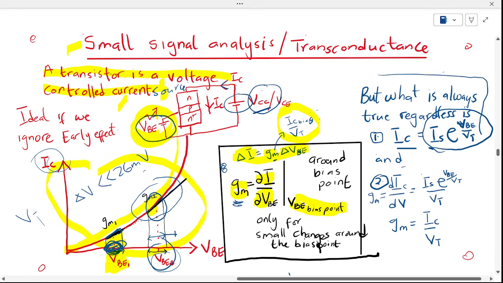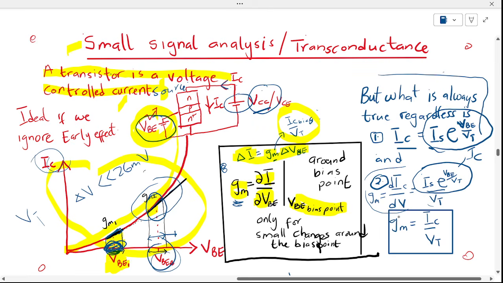And if you differentiate this with respect to voltage, then you're going to get all this divided by VT. And since this term here is the same as IC, then you can also say that always, a change in current with respect to voltage, which is the definition of transconductance, is given by this.